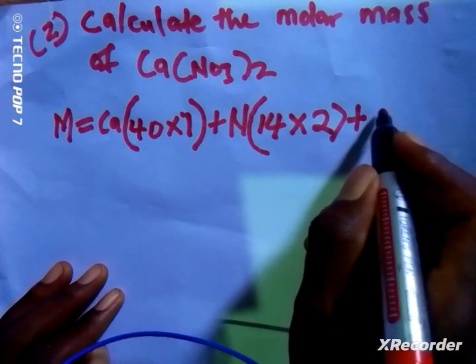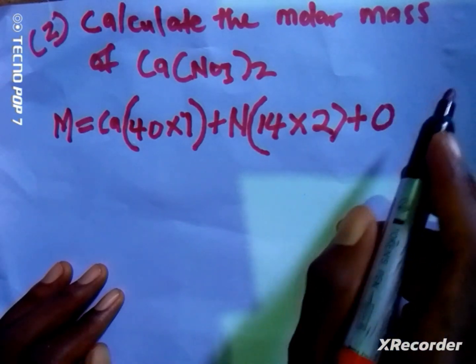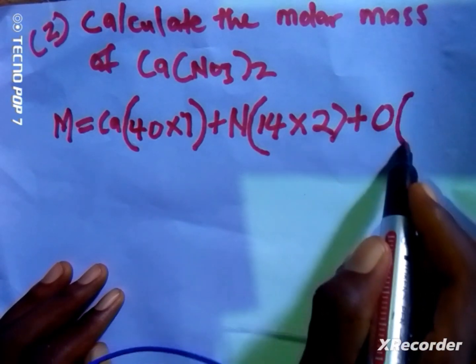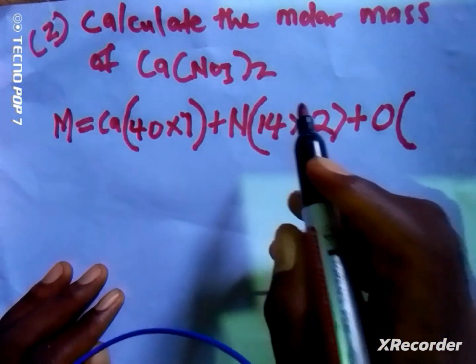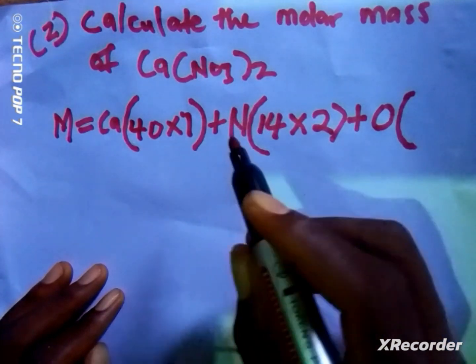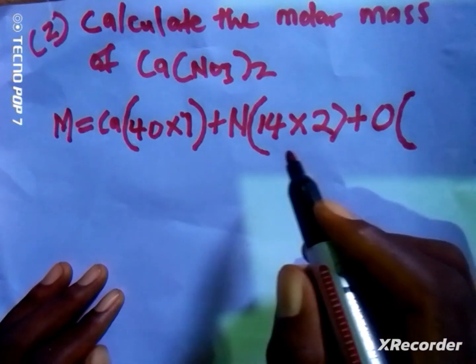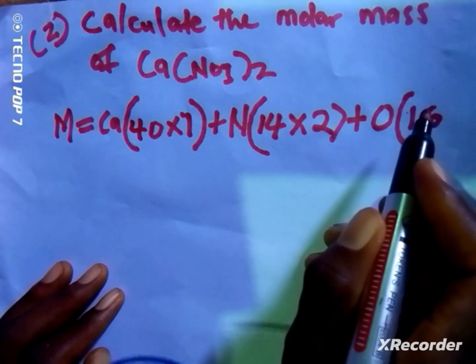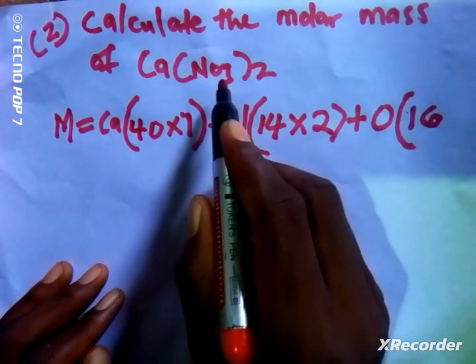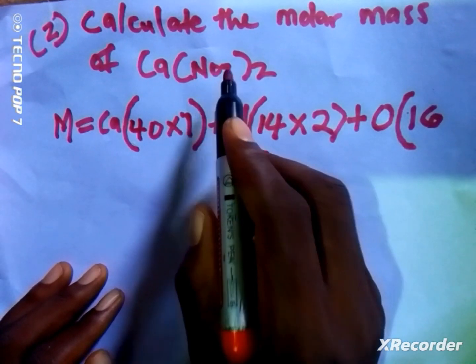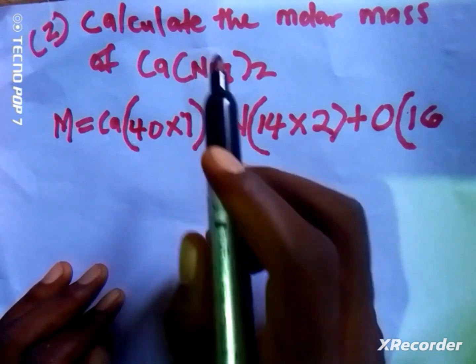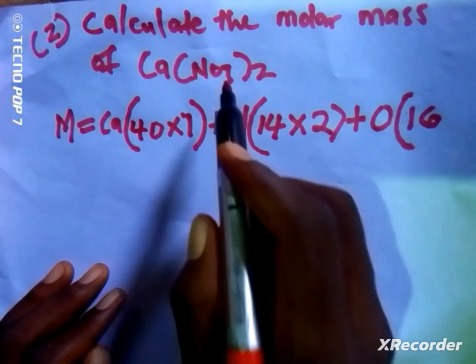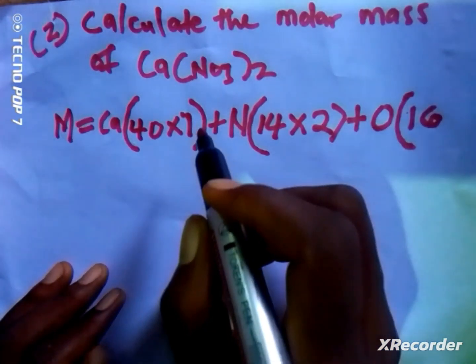What is the atomic mass of oxygen? If you followed the video where we solved H2O, the atomic mass of oxygen is 16. How many times does oxygen appear within this compound?